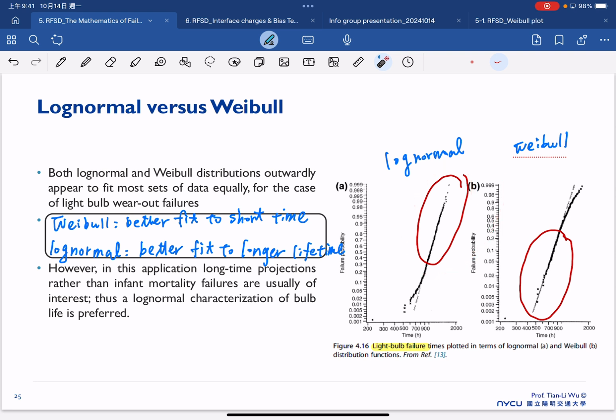So if we consider long-term prediction, then in the end, how we decide which distribution to use will be highly determined by your goals.